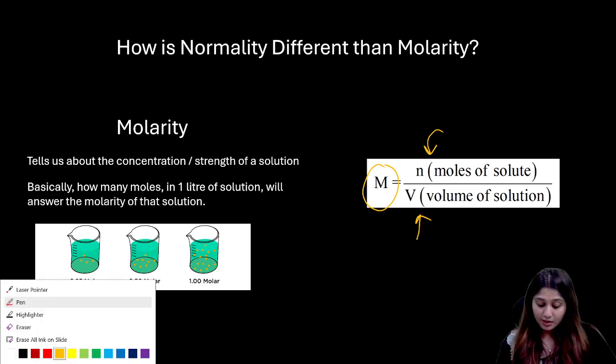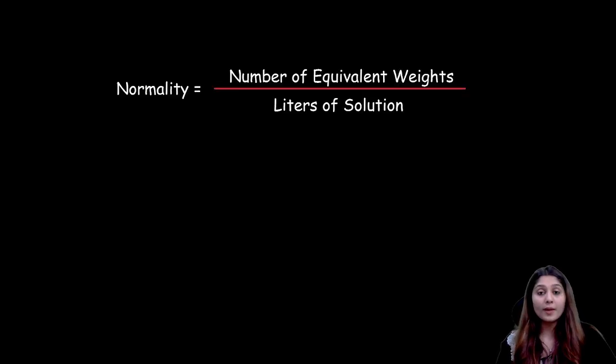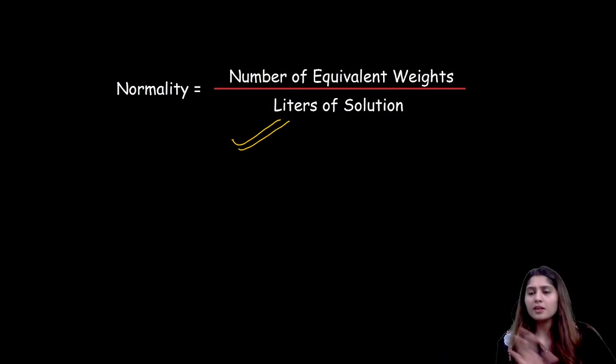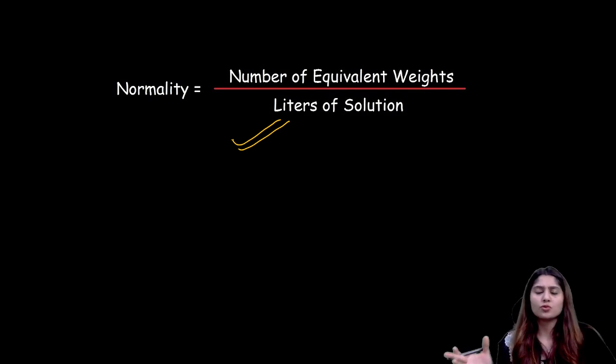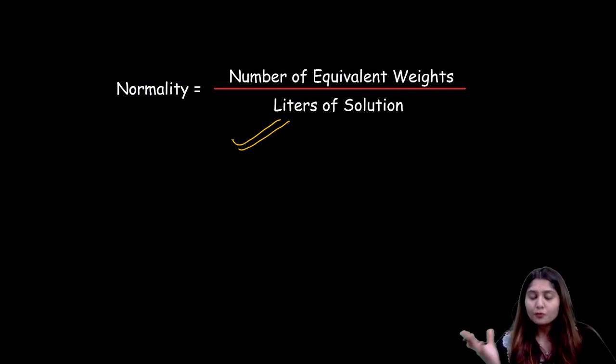Now let's cut to the chase. If I talk about normality, this is the formula that I get everywhere, in your textbooks, or if you just go and search on Google. The formula of normality looks like this: number of equivalents, which we also call gram equivalents, divided by liters of solution.